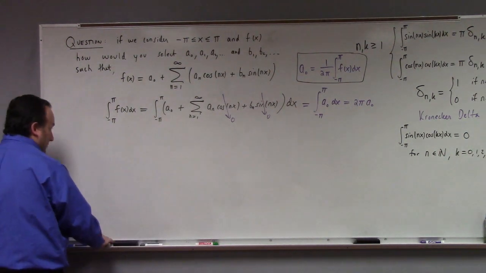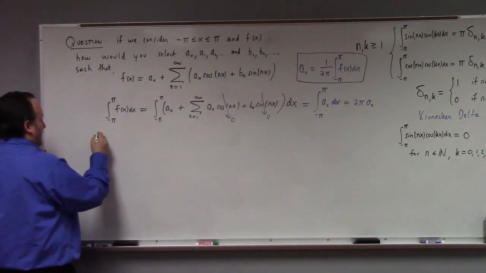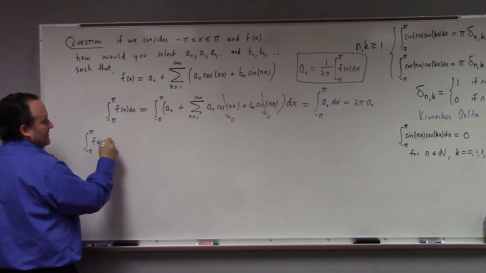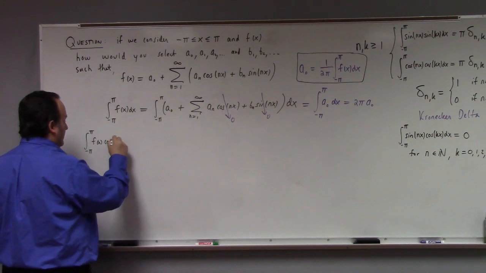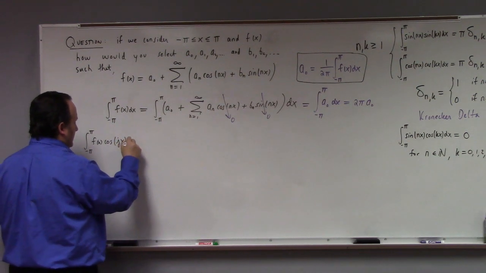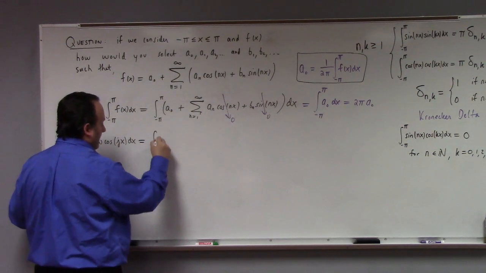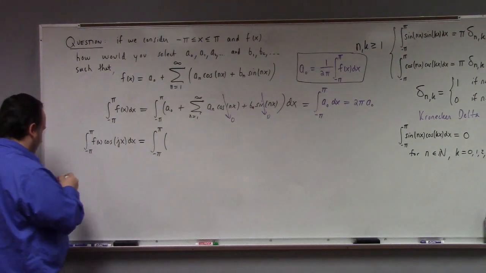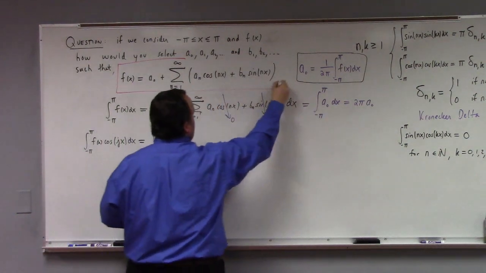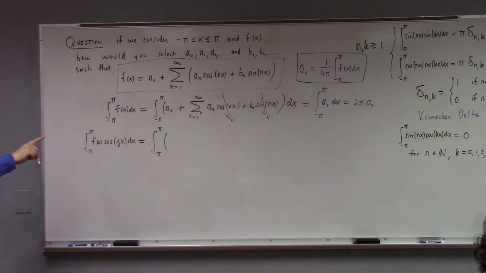Okay, so next up, it requires a little bit more imagination. What I want to do is think about what the integral from minus pi to pi of f of x times, let's say, cosine of jx dx would look like. So I'm going to take the thing I'm about to box in red, this right here, and multiply both sides by cosine of jx.